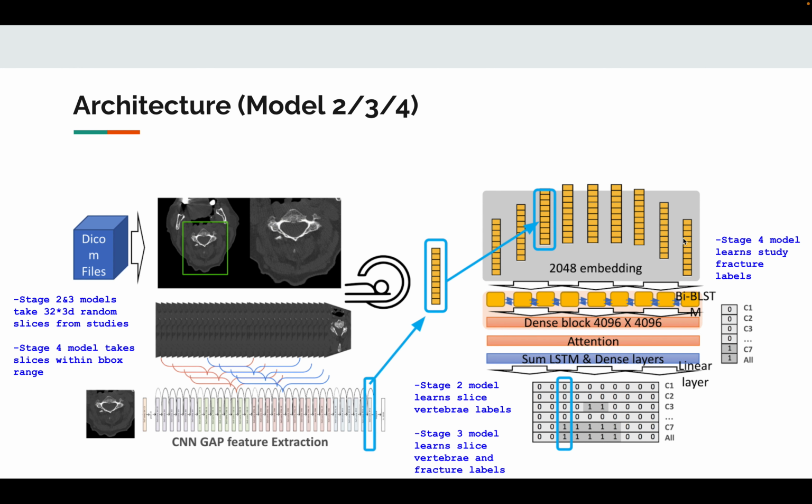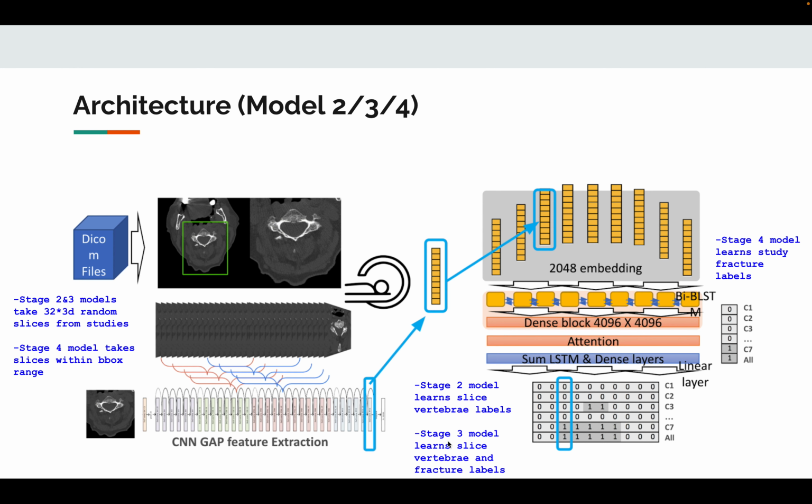We stack up the sequence of the 32 GAP layers from the CNN, then pass those through a bi-LSTM, a dense block and attention. For model 2, we learn where the vertebrae are and which vertebra it is along here. So those vertebrae ratio labels we learn first.